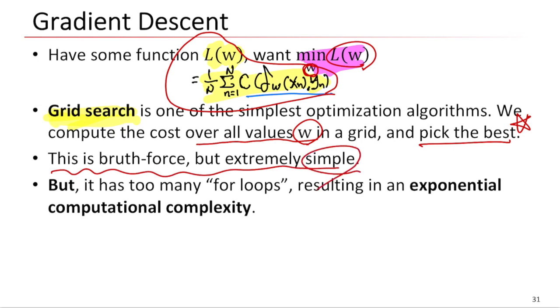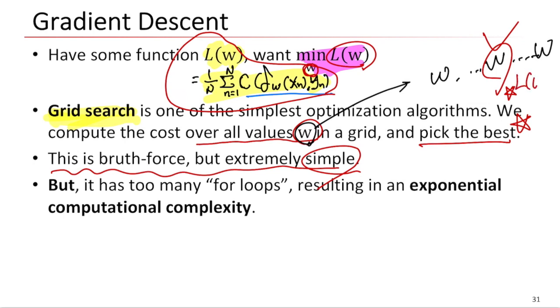It's extremely simple, right? We can just try the possibilities of the W. Let's say we can try many W, and then just pick the one where the parameters make the minimum loss function.